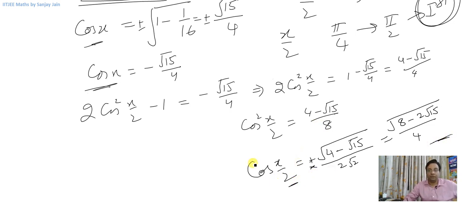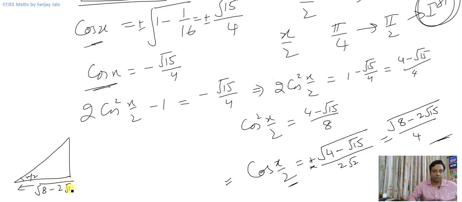Now to obtain sin x by 2, it is pretty easy. If I've got cos x by 2 as this, sin x by 2 can be obtained in multiple ways. For example, if this is x by 2, this is adjacent side, let us take it as 8 minus 2 root 15, and this is, let us say, 4. So what will be this side?